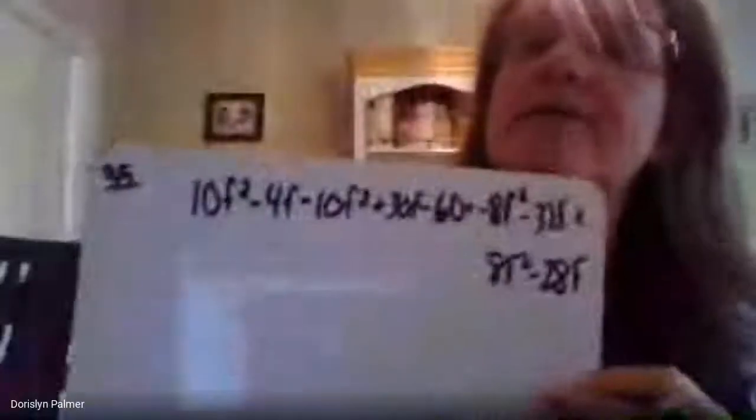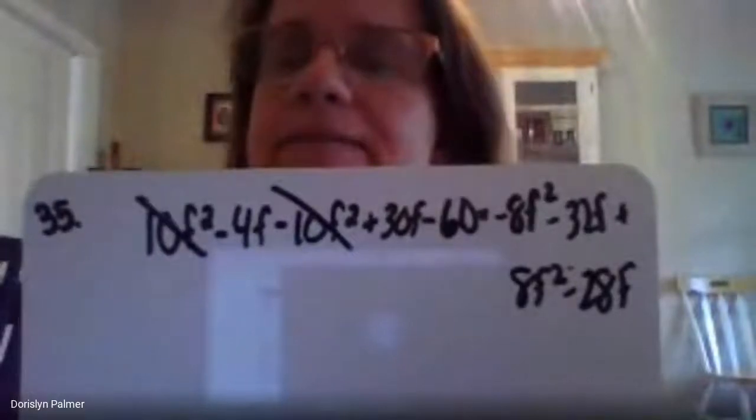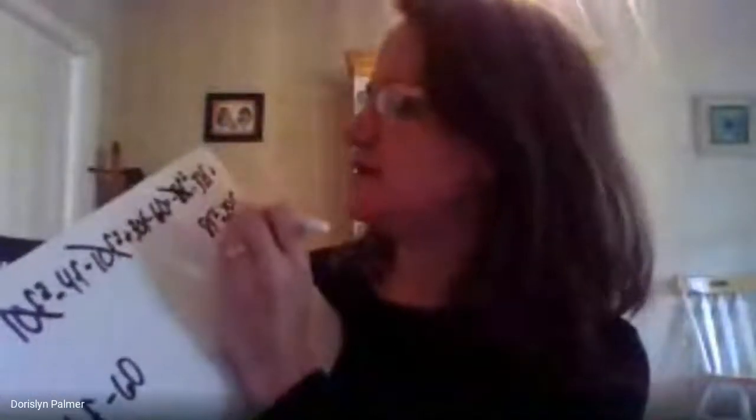Okay. We're going to put together what we can. I like how on my left-hand side, I have a positive 10F squared and a negative 10F squared. Those go away. I'm going to put my F's together, and it looks like I have 26F minus 60. On the right-hand side, the 8F squares go away. I have a negative and a positive, so they'll go away.